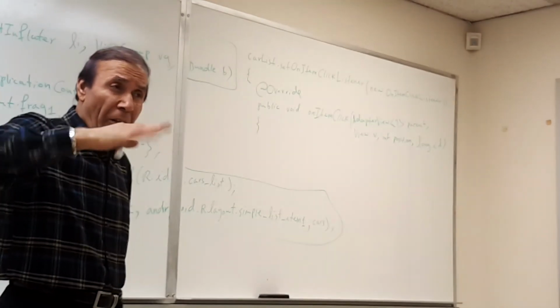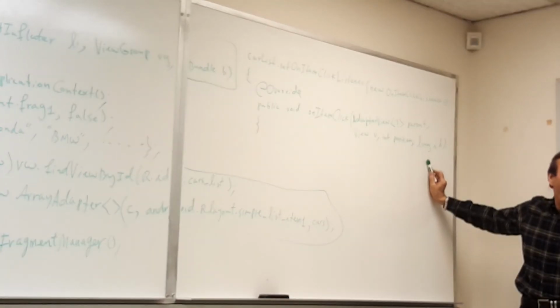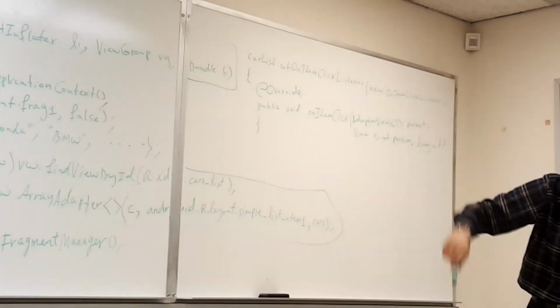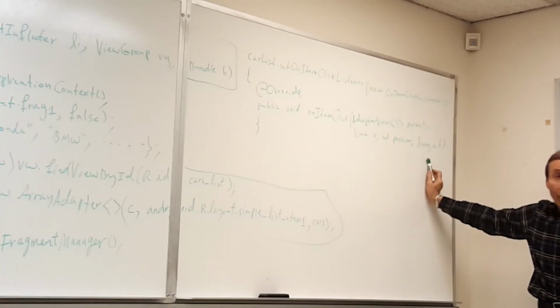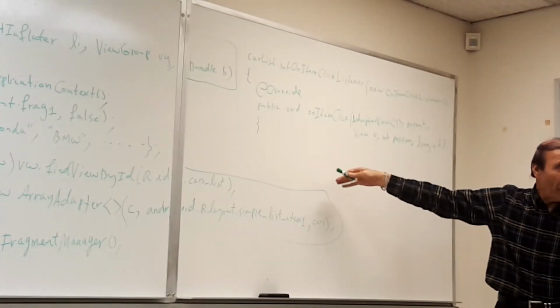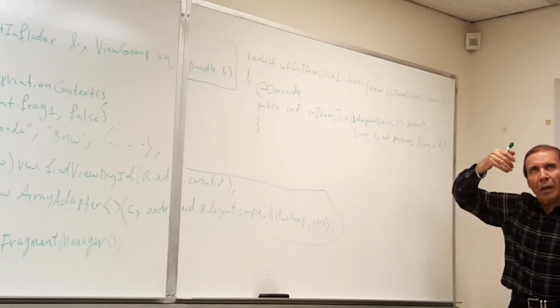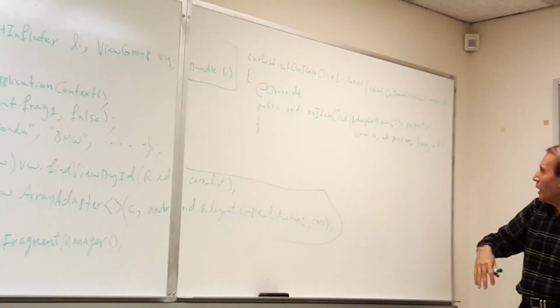In some very special cases, we need to use this. One of these nights, if I may, I'm going to give you an example of under what circumstances we need both of these IDs: the ID that we created in XML for list view or button, and the ID that we are using here. But for this simple example, this ID is nothing. We don't really care about that in this example either.